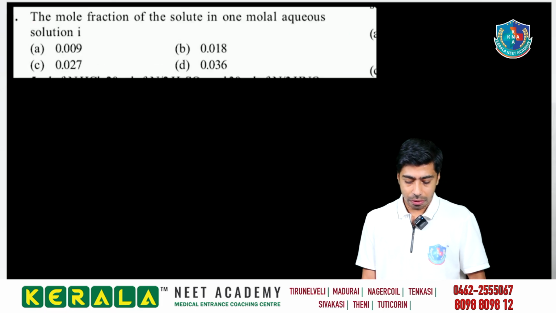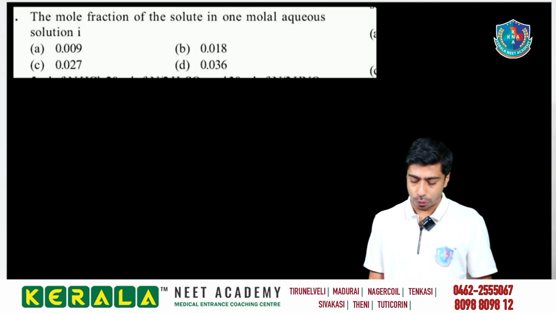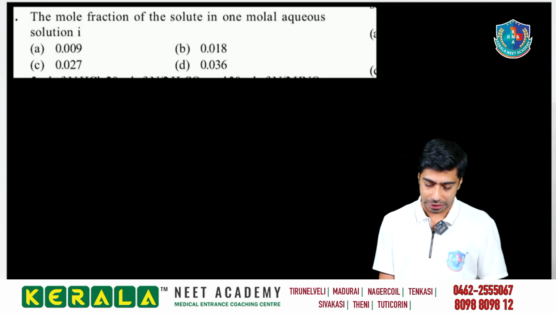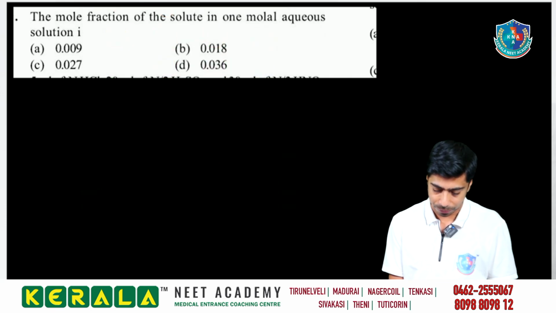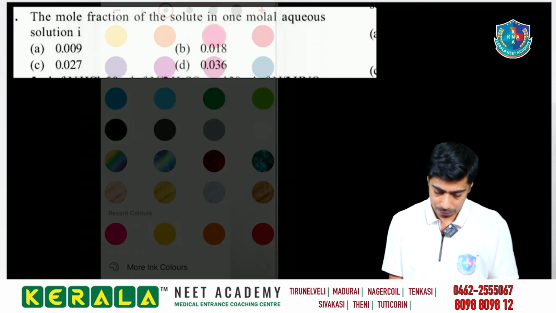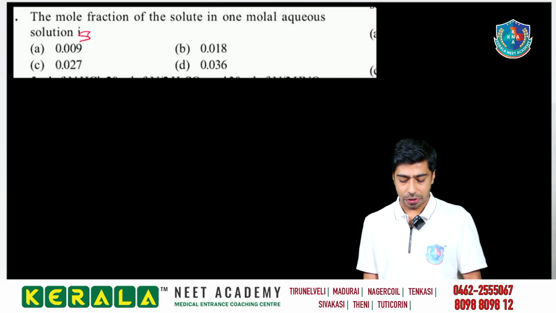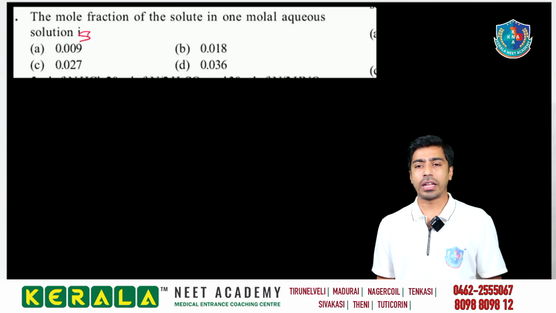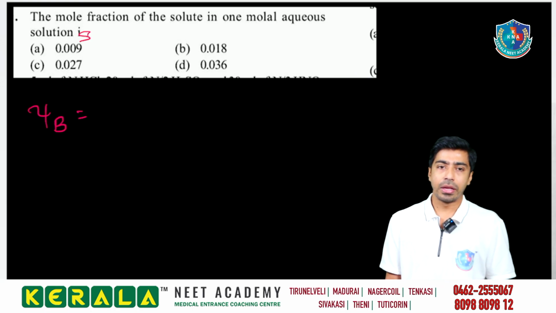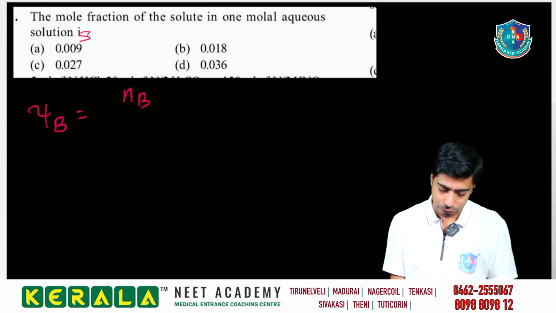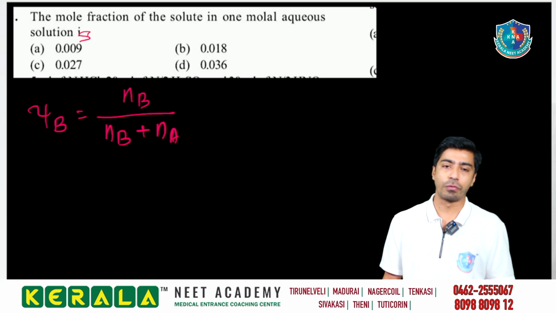Then, the mole fraction of solute in a 1 molar aqueous solution is. Now the values are given. So we know that the mole fraction of solute, chi B, is equal to the number of moles of solute divided by Nb plus Na, the total number of moles.